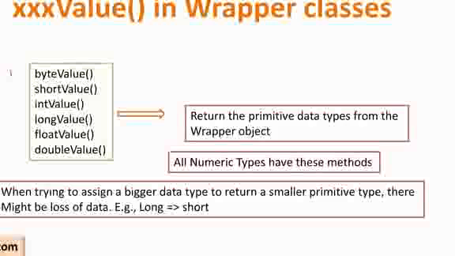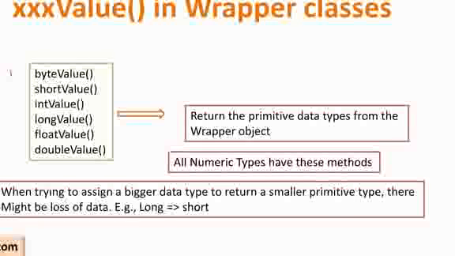That means the Integer wrapper class can have byteValue, shortValue, longValue. You can use these methods on a data type and get a different data type out of them.